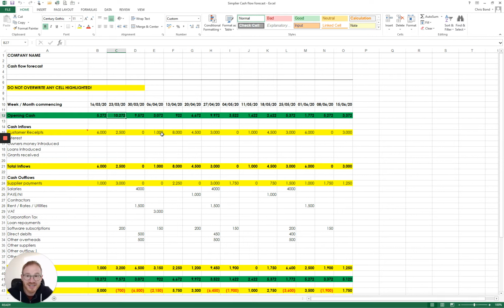Now, let's be clear that for the purposes of getting a bank loan, this just won't be good enough. You're probably going to have to do what's called a 3-way forecast, which is a profit and loss account, a balance sheet, and a cash flow forecast all in one, and one follows on from the other, so they're all connected. For me to do a spreadsheet for the 3-way forecast would take ages.